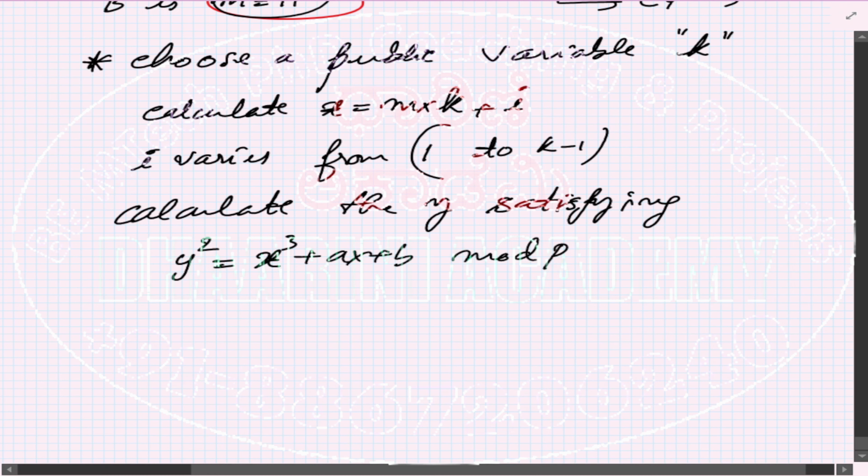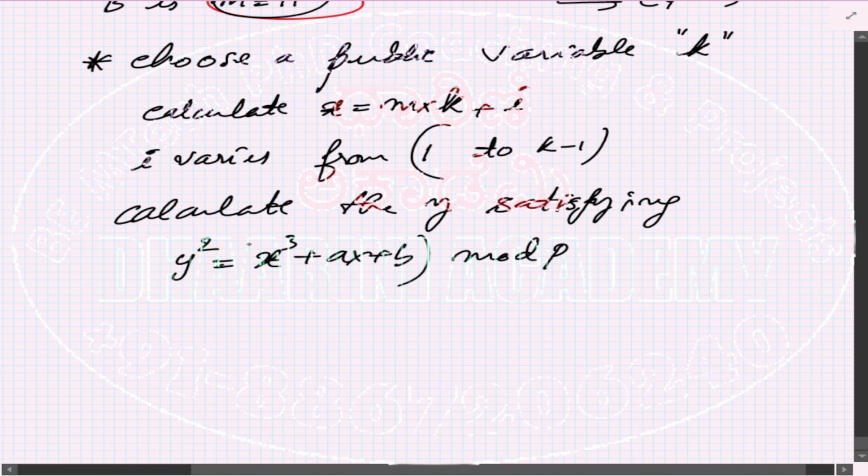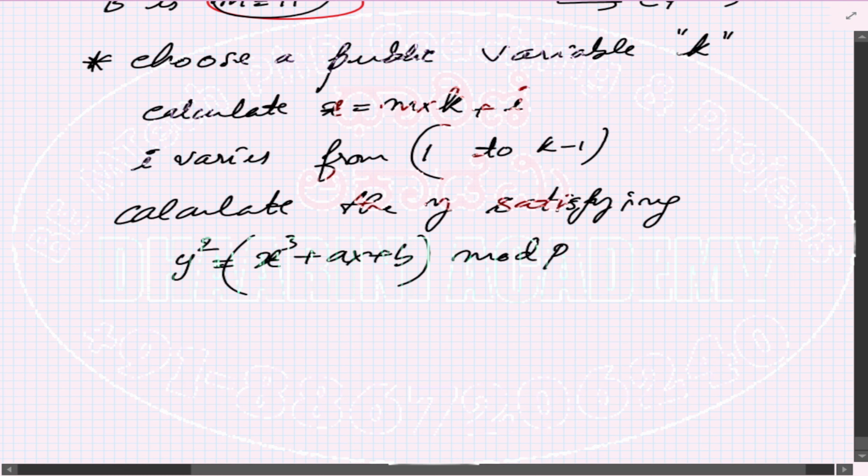Find the value of y in such a way that you get an integer value under the mod p operation. This is very difficult. Not every i value you put there will give you this. You will change i's in such a way that I check whether y is an integer or not. If it is yes, you stop. You don't have to go further.